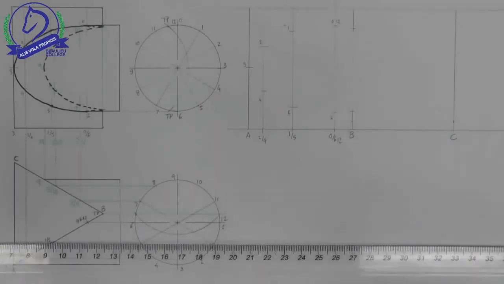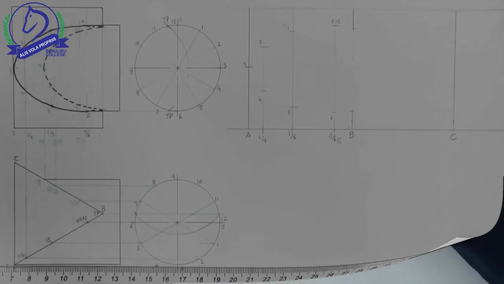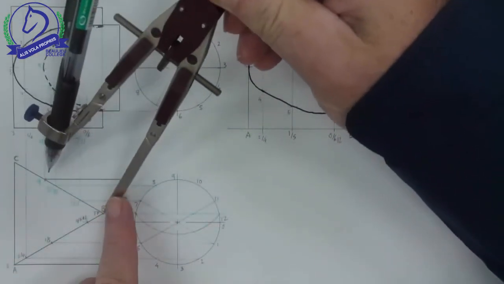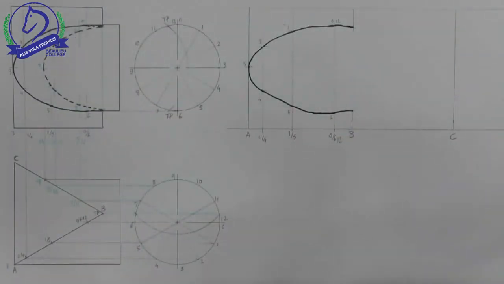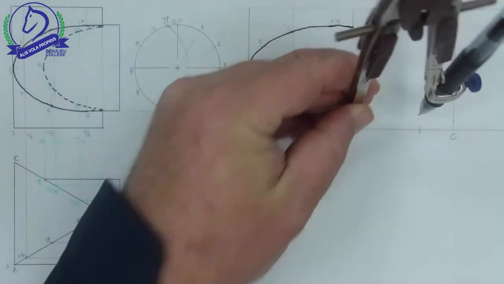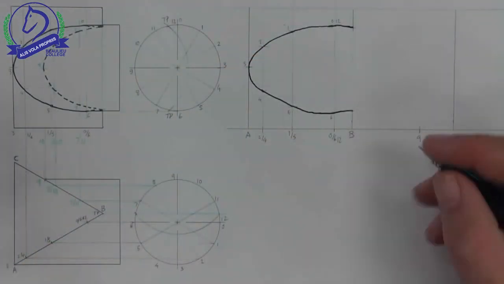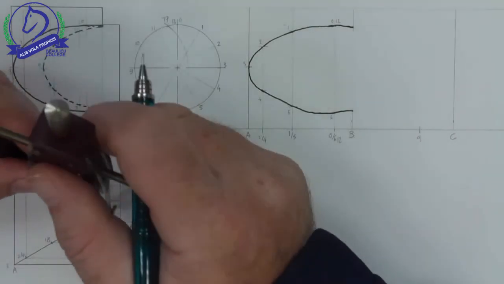Okay, we're going to follow the same process on the other side of our shape. I'm marking off my measurements on this side now. So here's B to point 9. So I put my compass at B and mark off my distance to 9. Take my next distance, so this is 8 and 10.